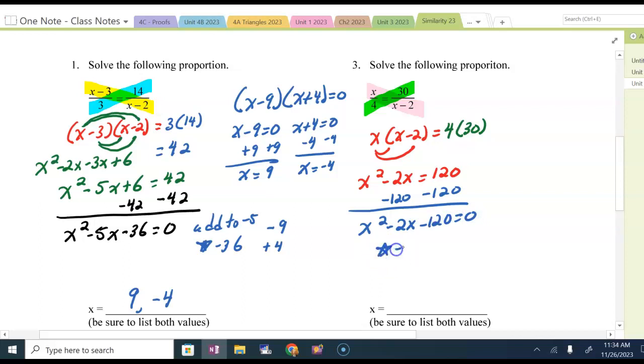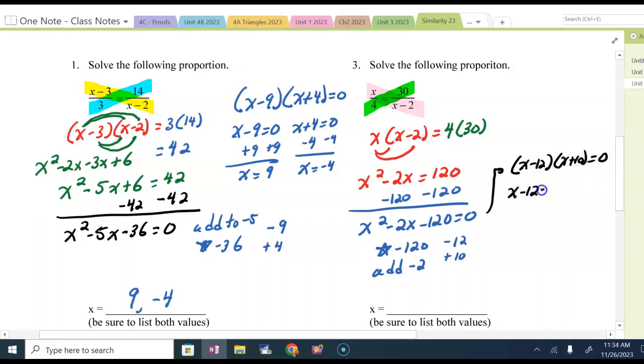So now we need numbers that multiply to negative 120 and add to negative 2. Those two numbers are going to be negative 12 and a positive 10. So when I factor this, it'll be x minus 12 times x plus 10 is 0.